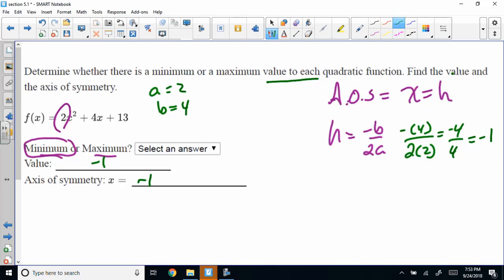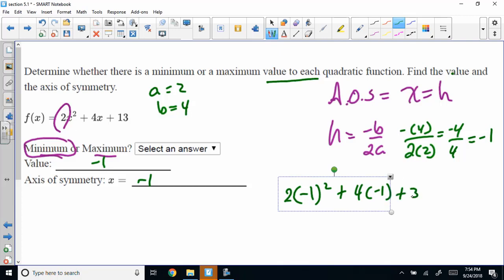Okay, let's do this. I put negative 1 because I was assuming that they were wanting the h value, right? Okay, so if they're not wanting the h value, then they're wanting the minimum or maximum, which would be a k, right? It'd be a k. So they either want a point or the y equals, right? So let's just go ahead and plug it in, just in case they want it the other way.